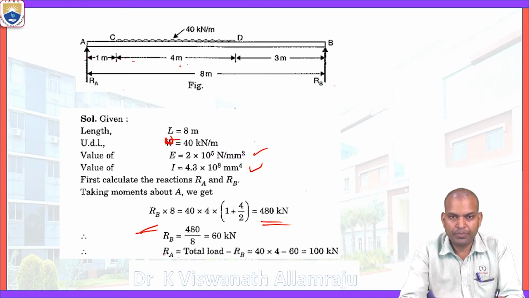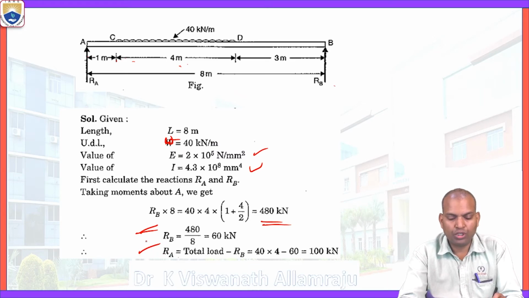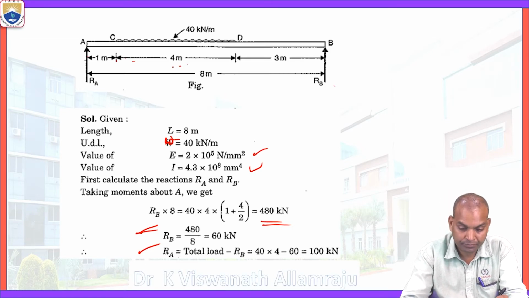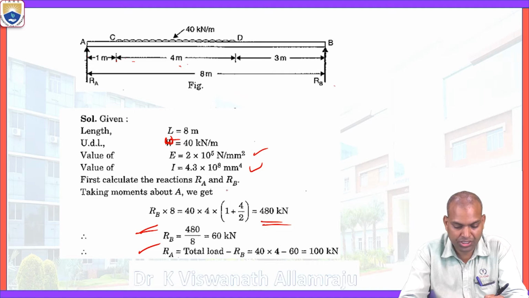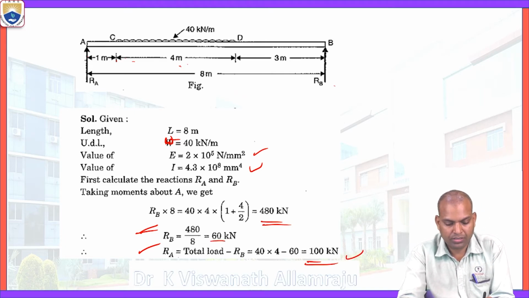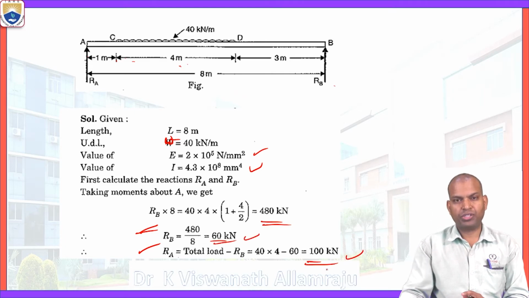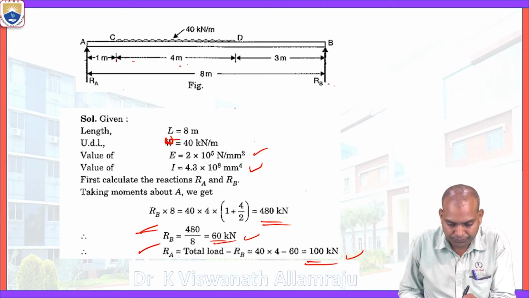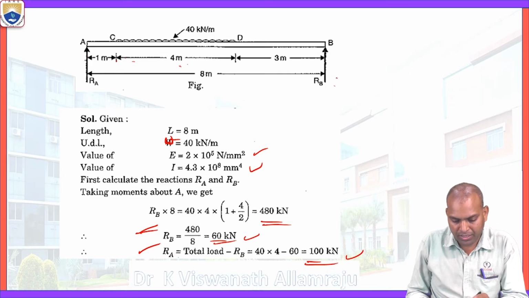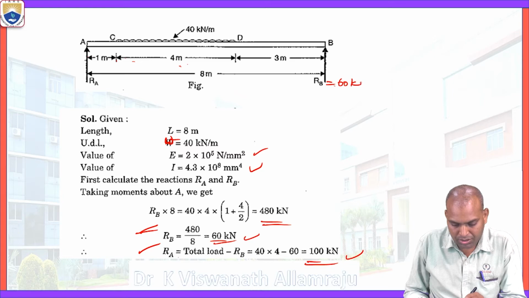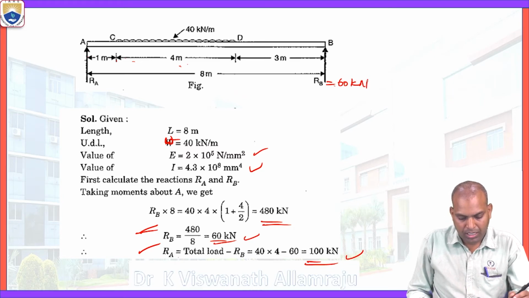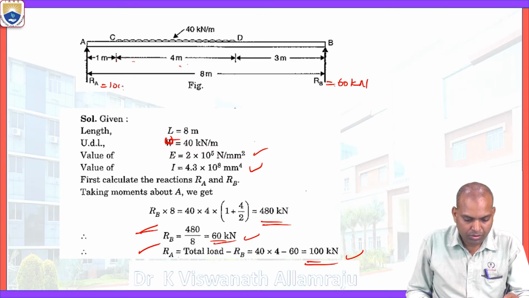RB equal to 60 kilonewtons, and RA equal to total load minus RB. What is the total load here? 40 into 4, that is 160, minus 60, 100 kilonewtons. So RB is 60 kilonewtons and RA equals 100 kilonewtons.